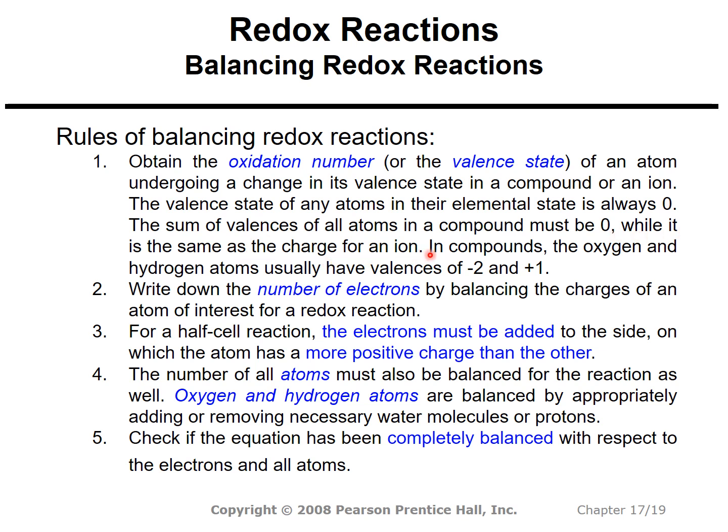In compounds, oxygen and hydrogen usually have valences of -2 for oxygen and +1 for hydrogen. So the first choice for determining an oxidation number is hydrogen and also oxygen. Don't forget it: hydrogen and then oxygen, +1 and then -2.